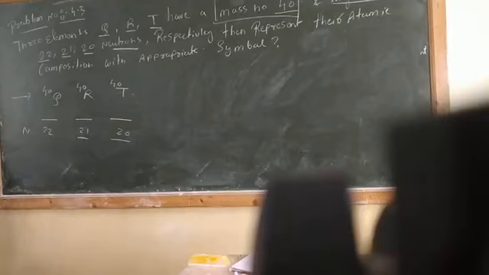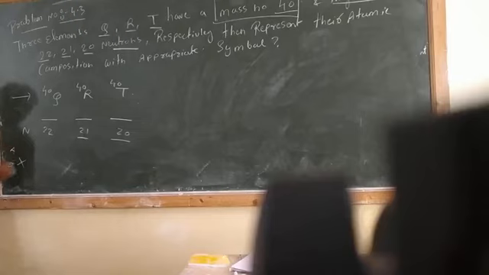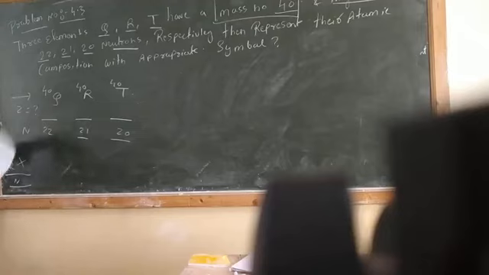Then the question comes, if we want to represent the element, हम लोग कैसे represent करेंगे? This is A, this is Z and this is capital N. So we have A, we have N. What is remaining? Z is equals to question mark. तो हमको यहाँ पे क्या फाइंड आउट करना है? हमको यहाँ पे एटॉमिक नंबर फाइंड आउट करना है. किसका?